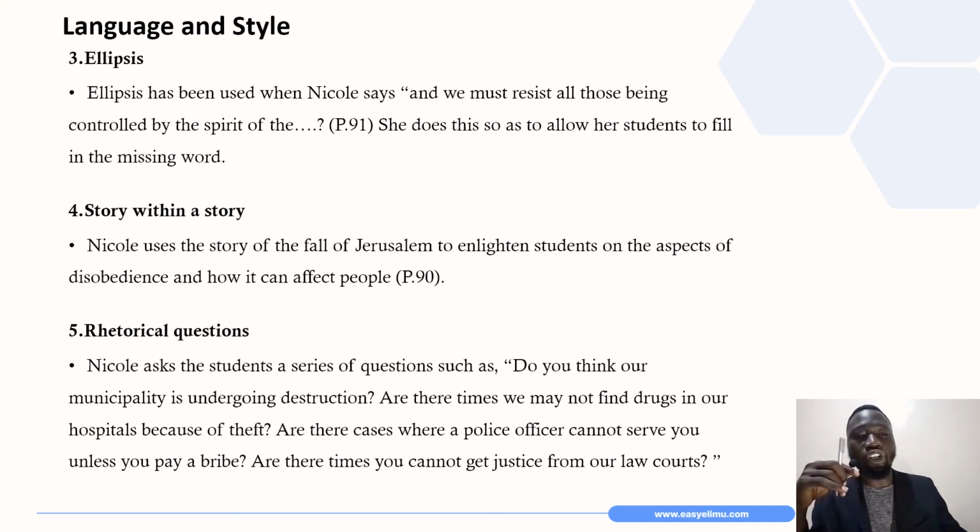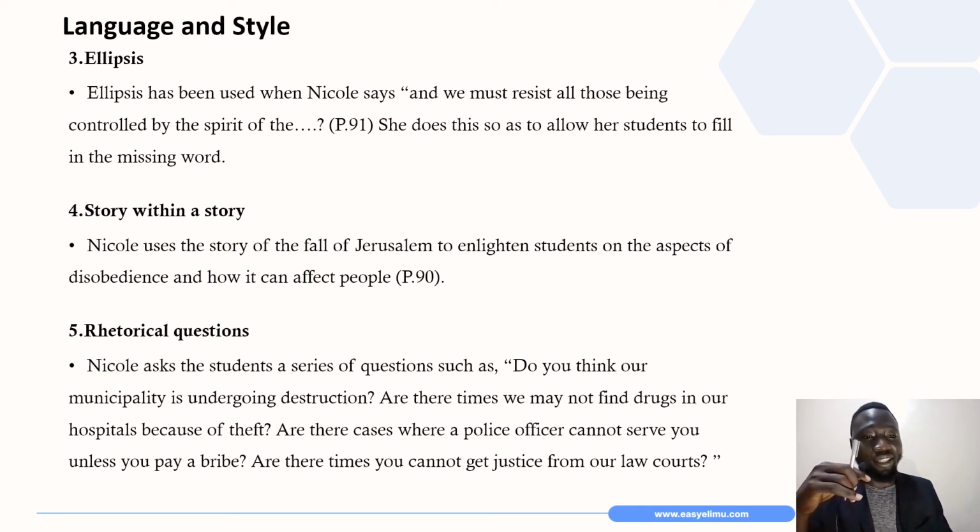In the story we are told that they failed to obey God, and that is what made Jerusalem fall, after the Babylonians attacked. So that is a story within a story.